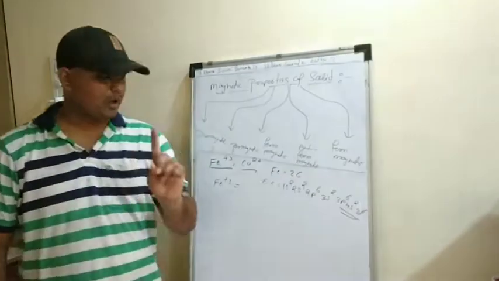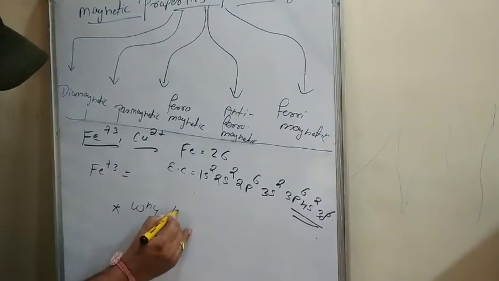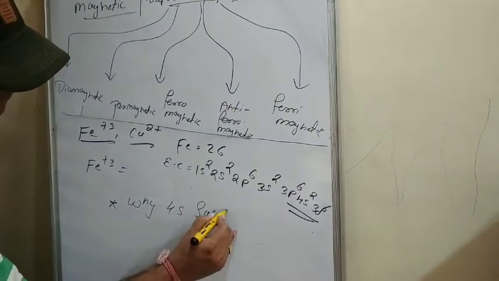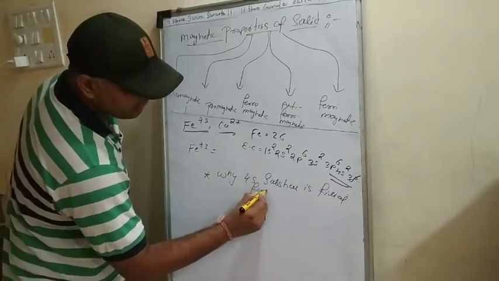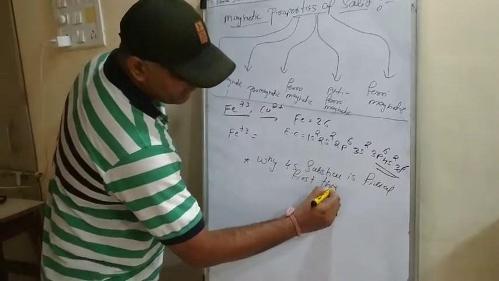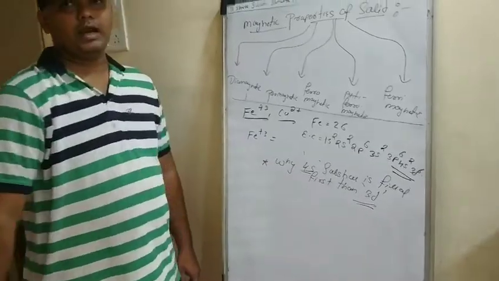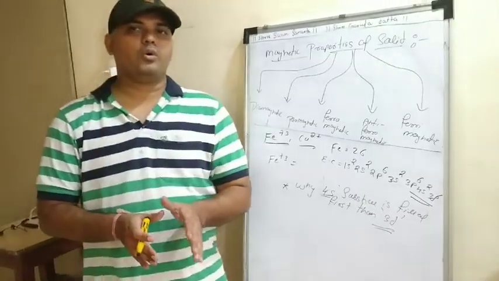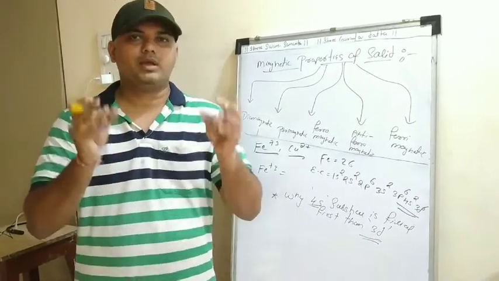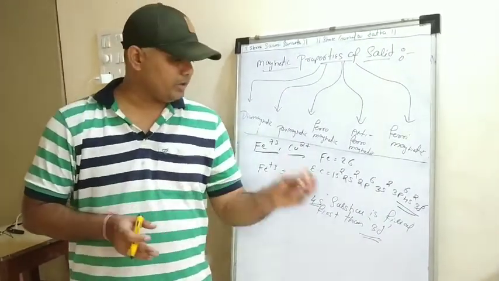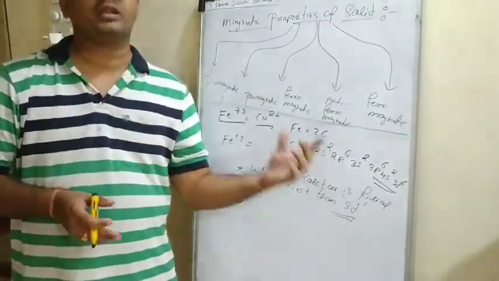Why has this happened? This is a very, very important question. The question is asked why the 4s subshell is filled first and then 3d. How did 4s get filled before 3d? This is the big question. Last year we learned the principle called the Aufbau principle. What does the Aufbau principle say? According to the Aufbau principle, the 4s shell has a lower energy compared to the 3d shell.